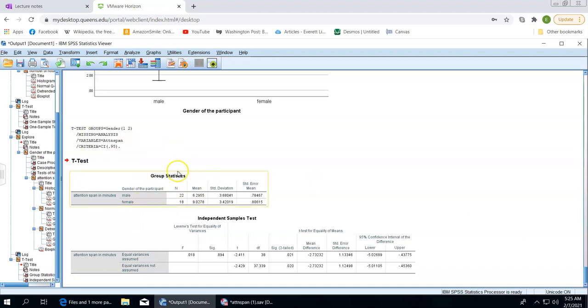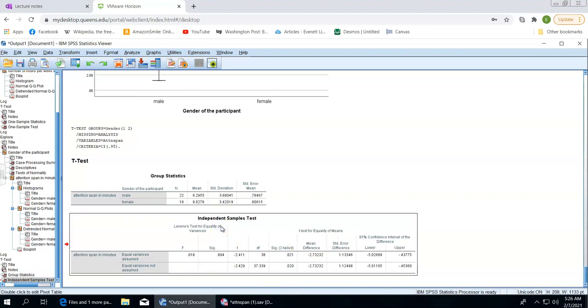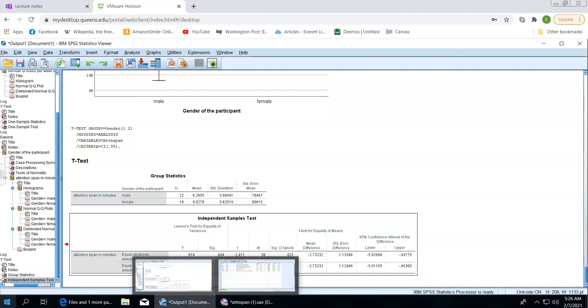And so we get this output that's got our sample sizes, our means and our standard deviations, and it's got our, let me point this out to you here. I'm going to copy this over.